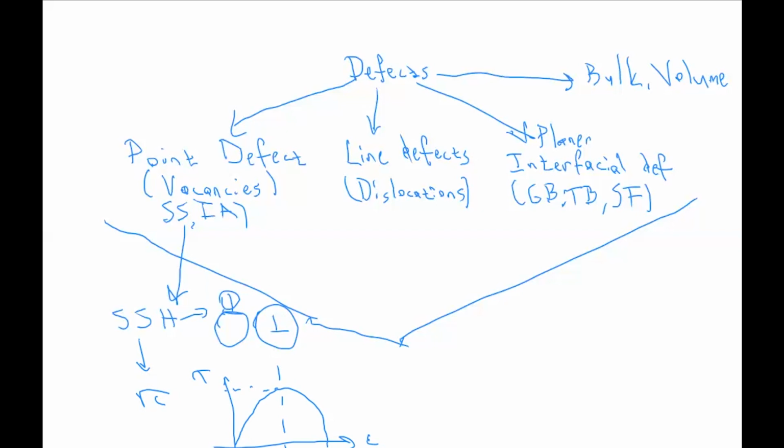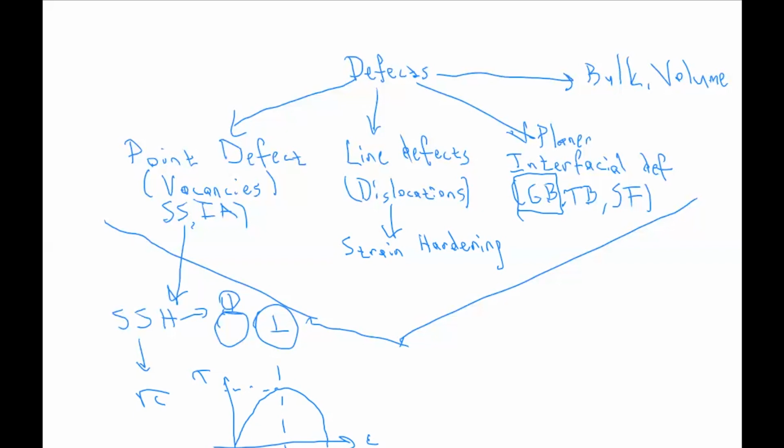That means we cannot shear it, and we will see precipitation hardening. And this is for strain hardening, which we will also discuss. And in this course, we will check the grain boundary strengthening.